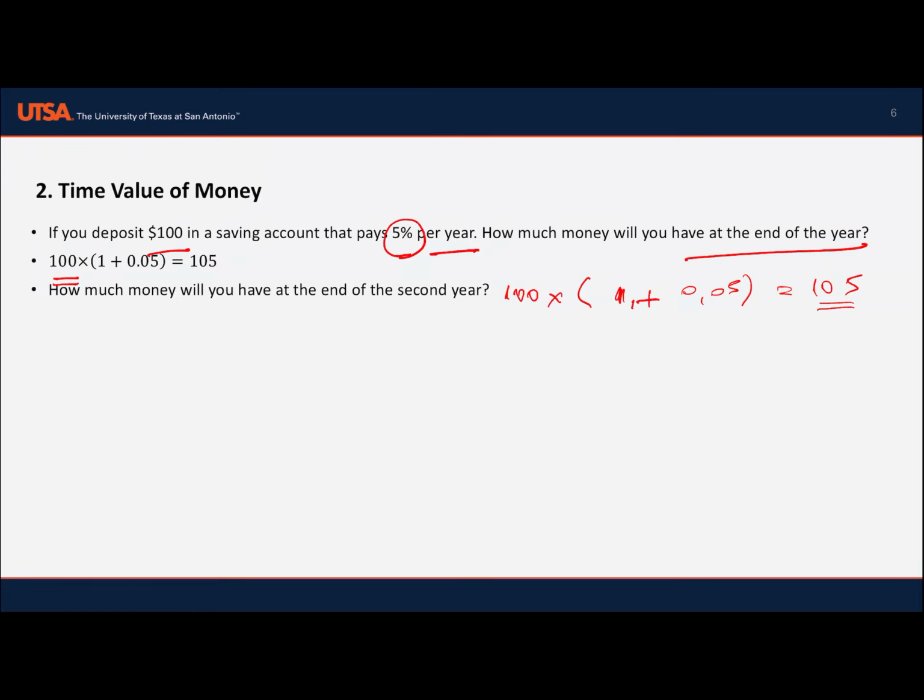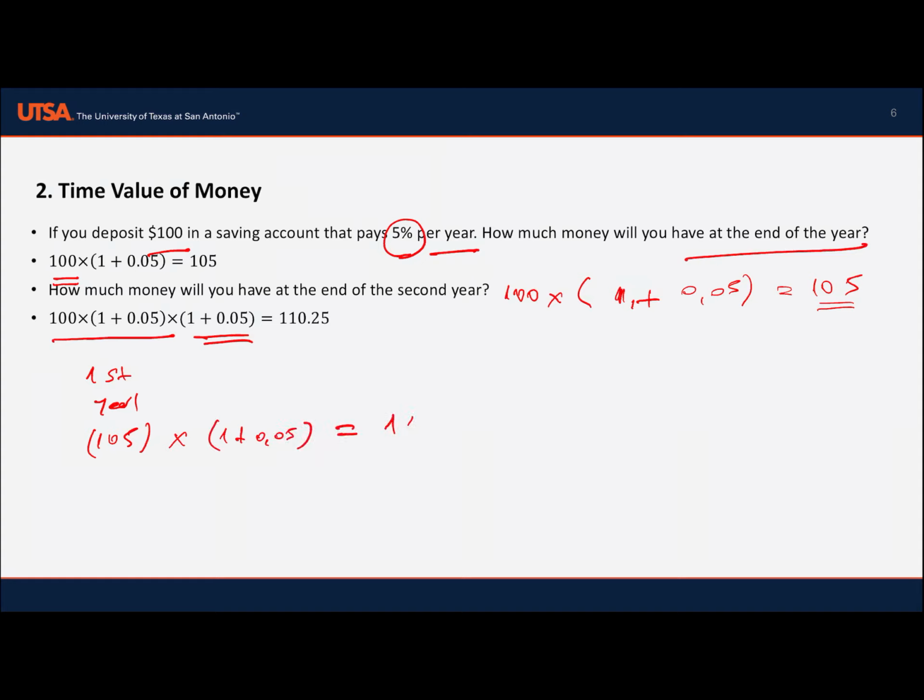And how much money will you have at the end of the second year? You have this amount in the first year, 105, and you multiply for the second year by 1 plus 0.05, which is 110.25.